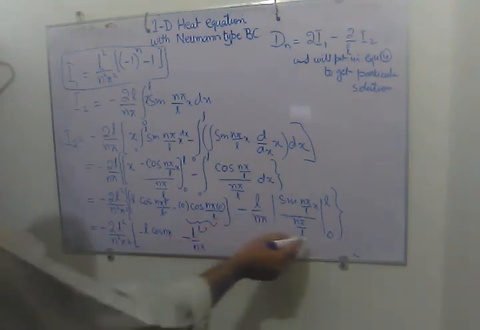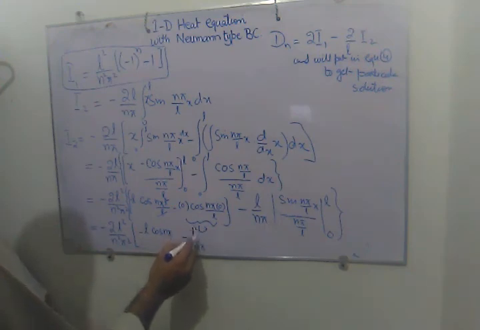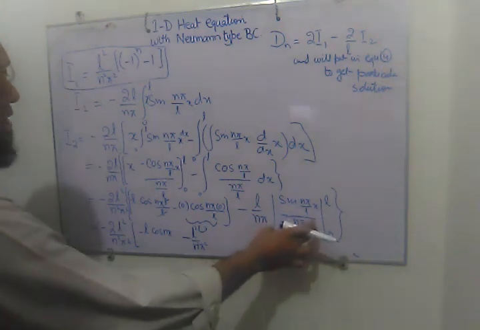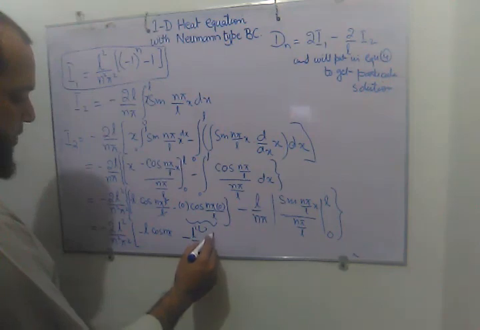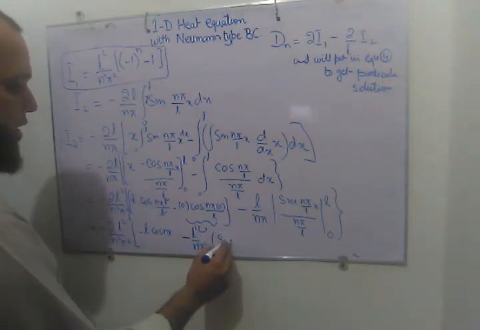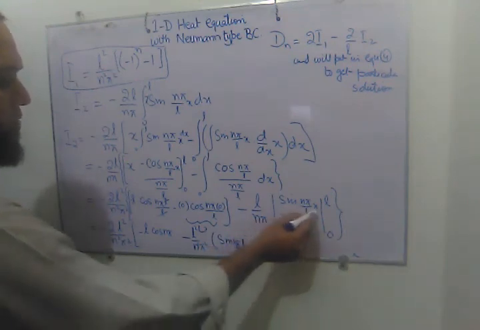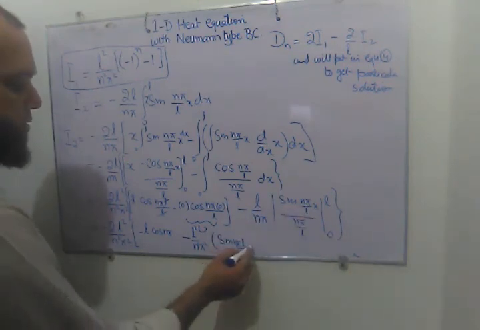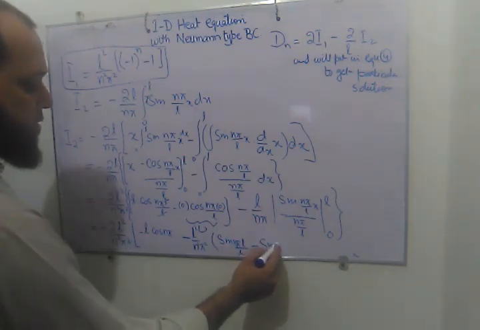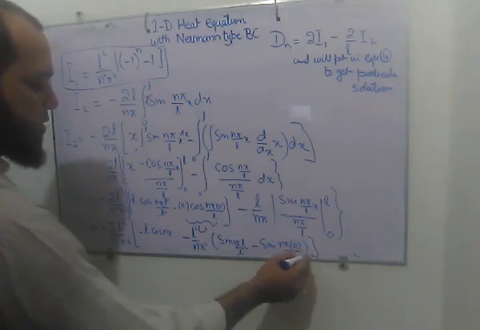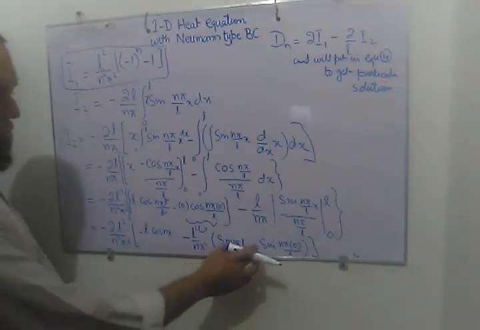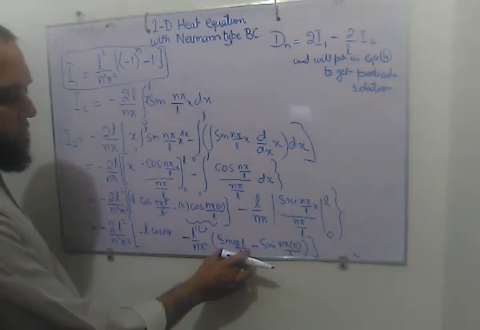When we take out this constant, this will become L square upon n square pi square, and when we apply the upper limit and lower limit, what we will see is that it will be sine n pi L upon L, we place L in the x, minus sine n pi into 0 divided by L. So this sine n pi would become 0.